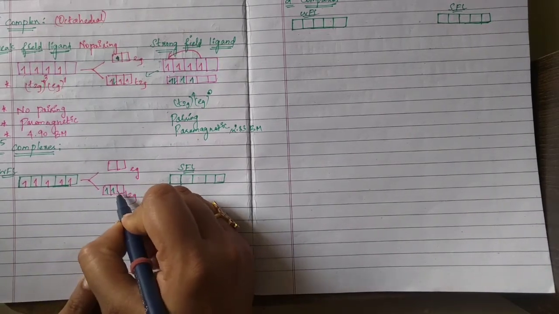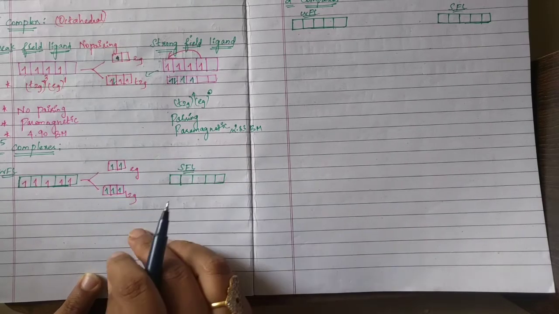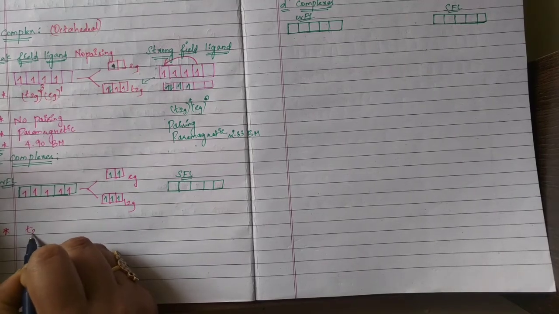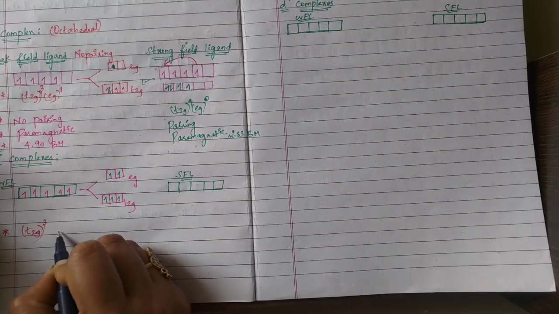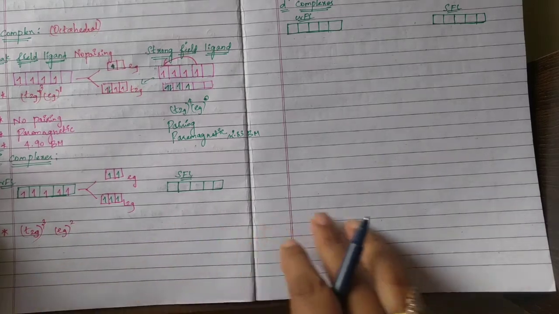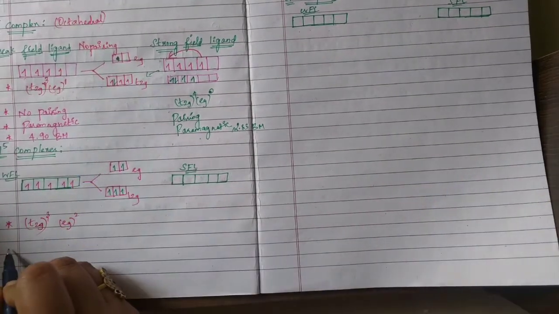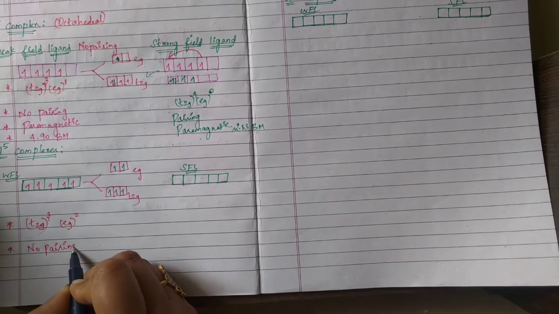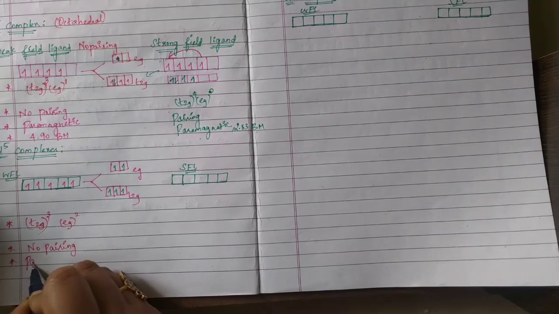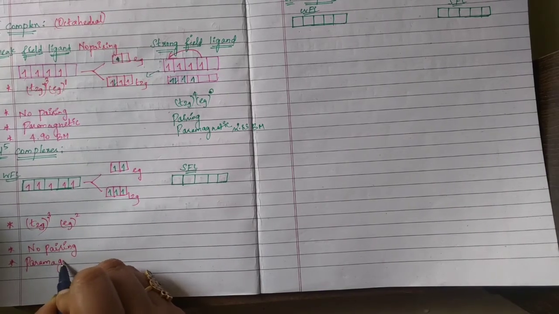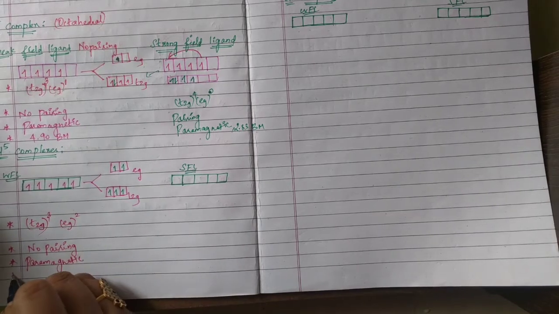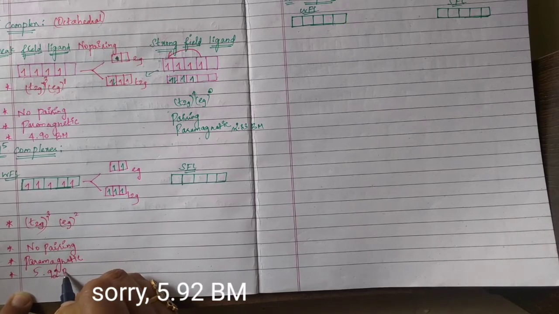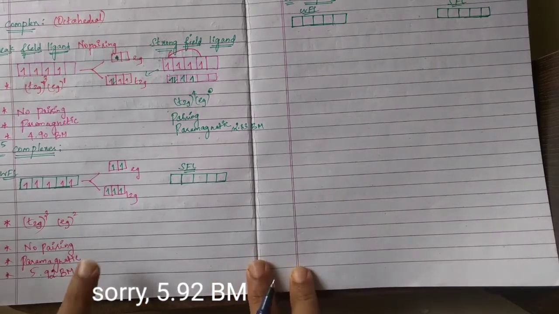If it is a weak field ligand, no pairing takes place, so every orbital has one electron. The configuration is t2g3 eg2. With no pairing, it is a paramagnetic complex, and its magnetic moment value is 4.92 Bohr magneton because it has 5 unpaired electrons.